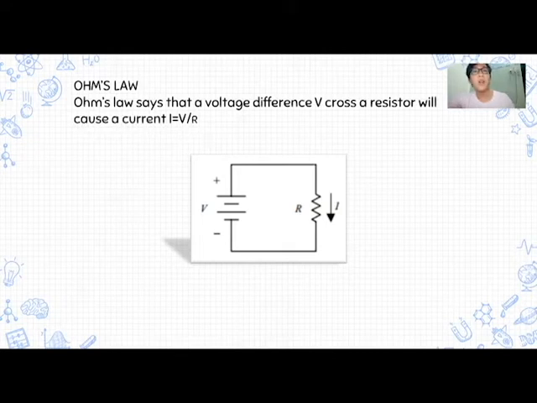The formula for Ohm's law is voltage equals current times resistance. This is the relationship between current and voltage, and the relationship was discovered by the German scientist Georg Simon Ohm.